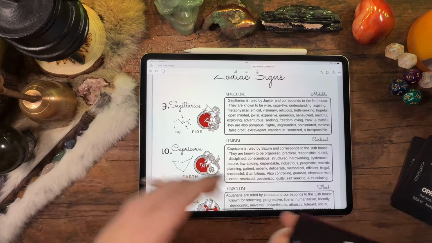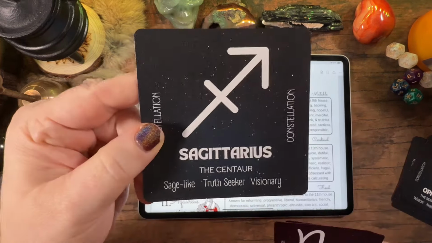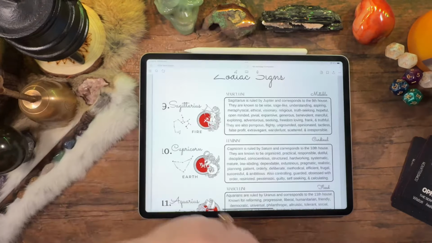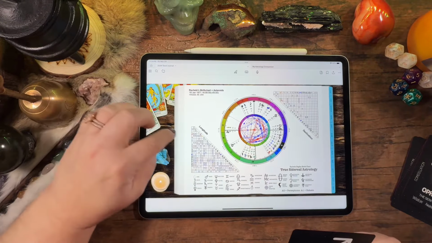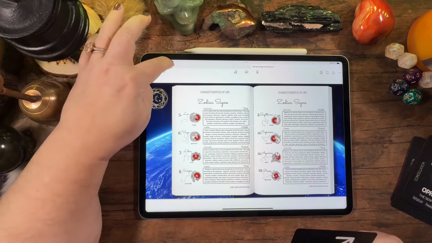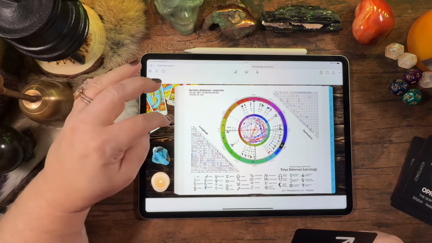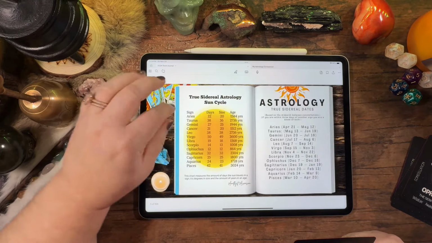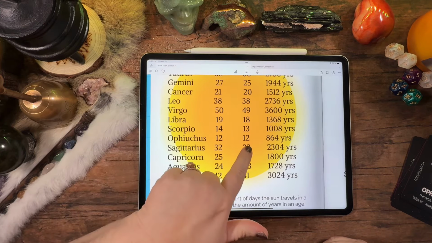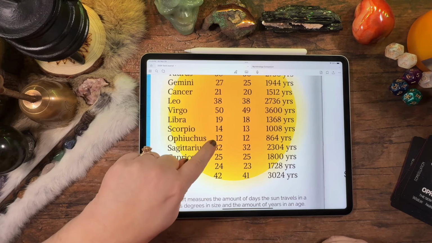Sagittarius. So this is what Sagittarius looks like. Oh, and by the way, here we go. Ophiuchus is 12 degrees in size, and the sun is roughly in Ophiuchus for 12 days.